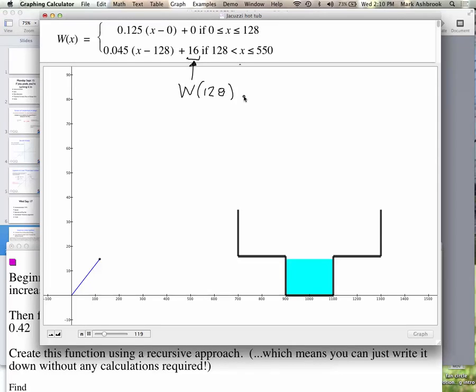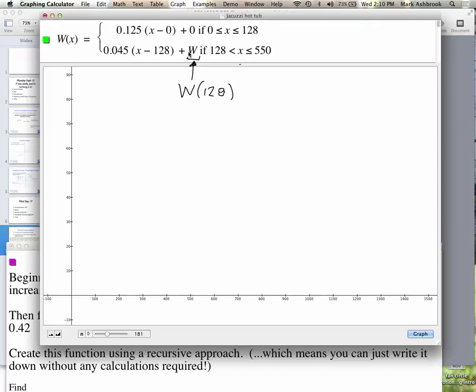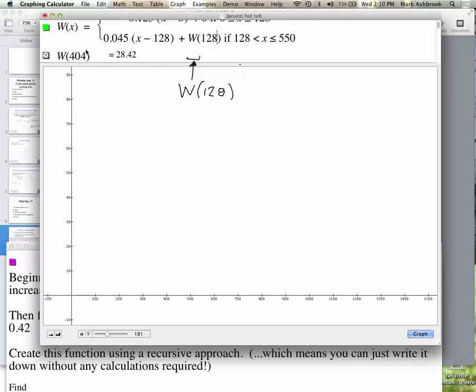So watch. I can change this function. I'm going to come in here and put capital W of 128. And now let's go ahead and graph W. Will it produce the graph correctly? Let's see if green shows up.